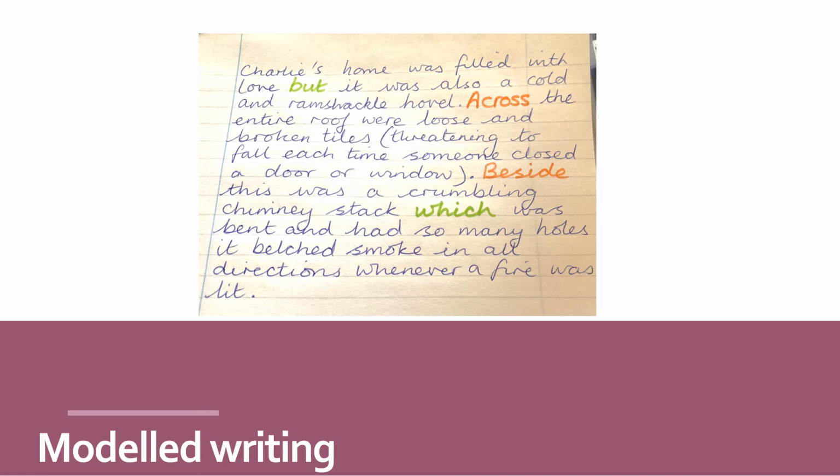So beside this was a crumbling chimney stack, which was bent and had so many holes it belched smoke in all directions whenever a fire was lit. Now I could have said that some smoke came out, but we always associate lots of smoke with something dirty and not very nice, and I wanted to really build upon that feeling about what the house is like, so that's why I used the word belched.